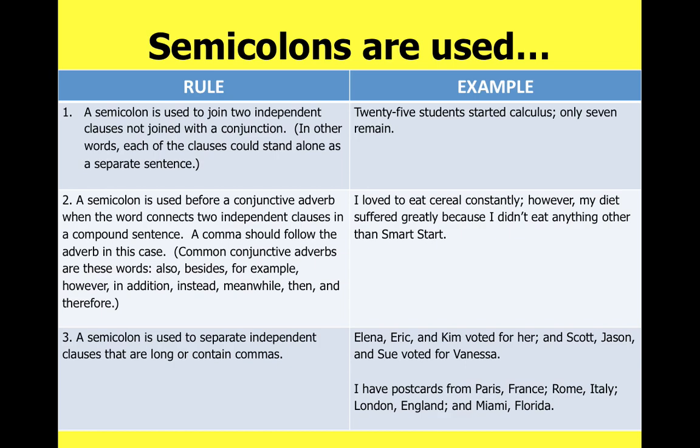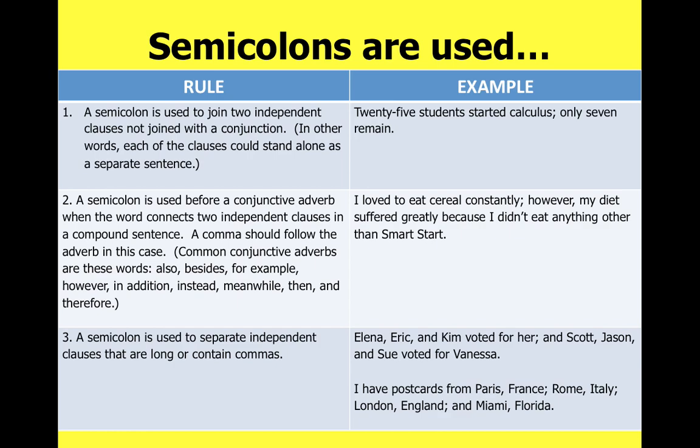In Rule 3, it says a semicolon is used to separate independent clauses that are long or contain commas. So here we have, Elena, Eric, and Kim voted for her; and Scott, Jason, and Sue voted for Vanessa. In the second example, I have postcards from Paris, France; Rome, Italy; London, England; and Miami, Florida.